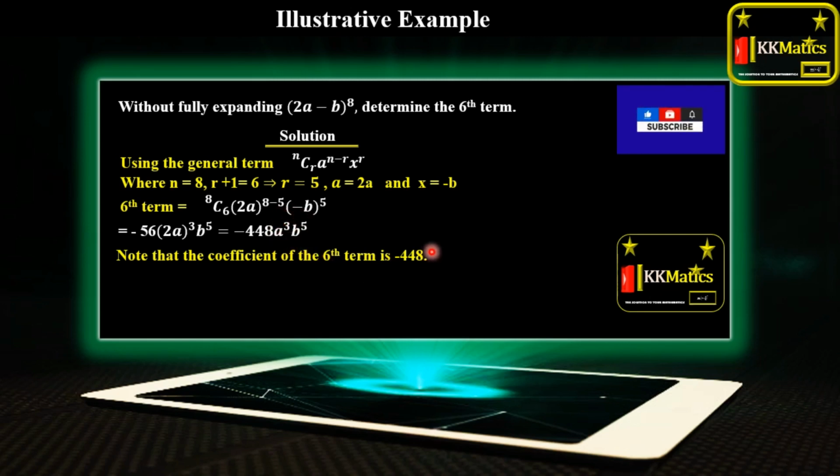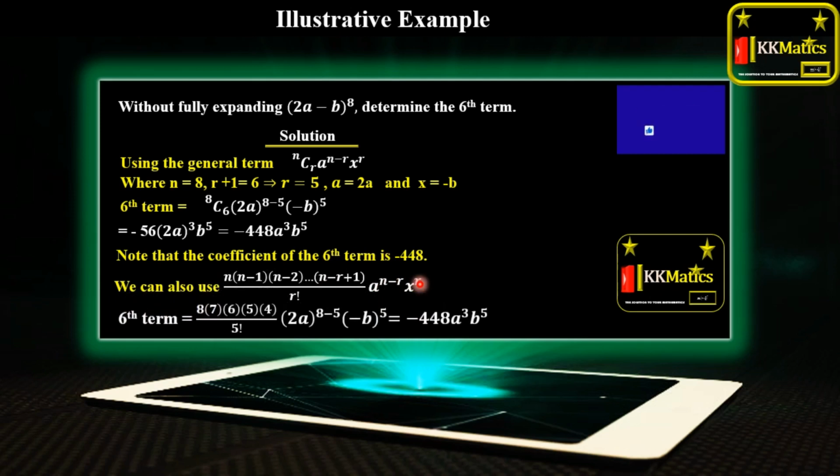We can also make use of this formula, which is n into bracket n minus 1, and it keeps on multiplying, decreasing, until it ends with n minus r plus 1, divided by r factorial, multiplied by a raised to the power n minus r and x raised to the power r.